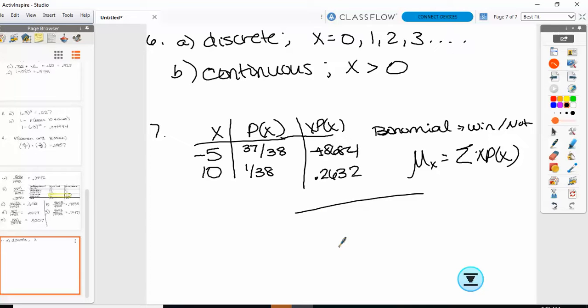So we add those up. I'm going to go ahead and round to 2 decimal places just because we're talking about money. So in general, you're expecting to lose $4.61 when you play this game.